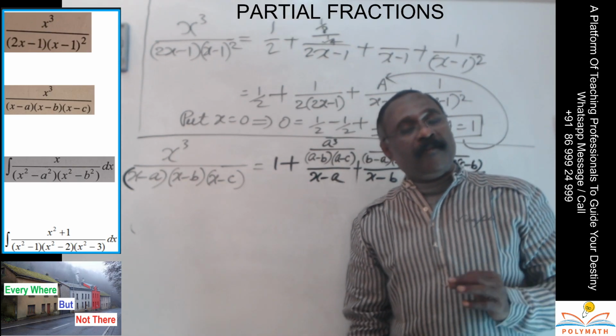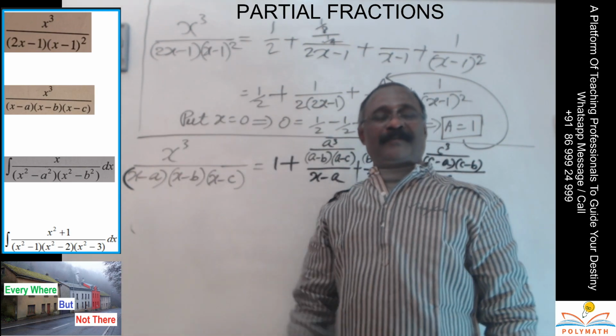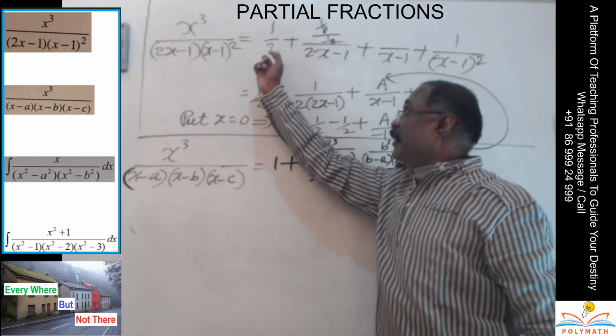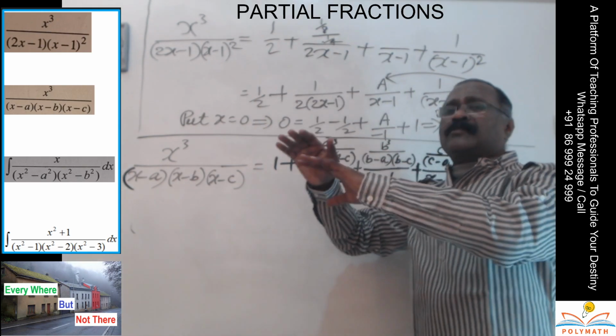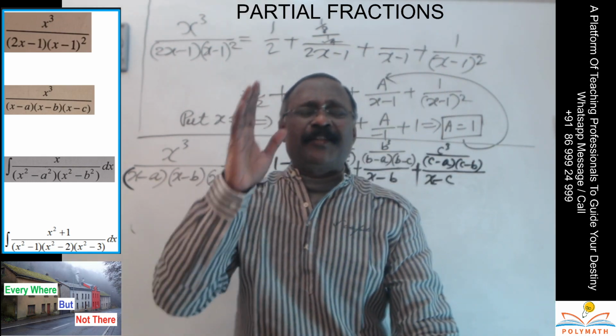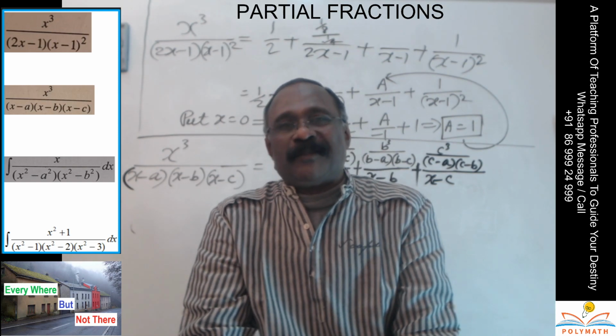What is the method? Everywhere but not there. Here, x cubed by 2x cubed means 1 by 2, plus the same method. Now I'd like to show you how this is used in integration.